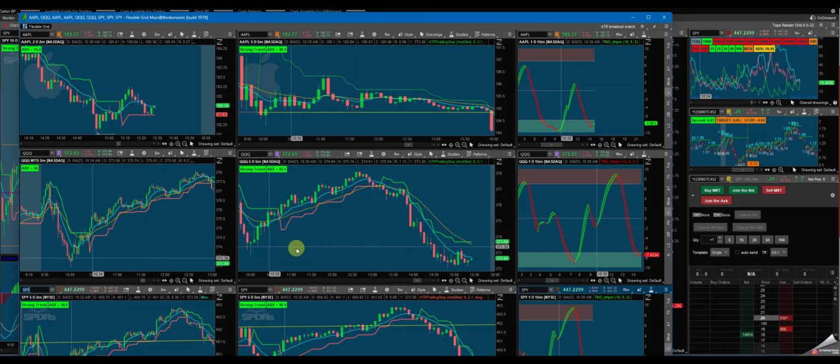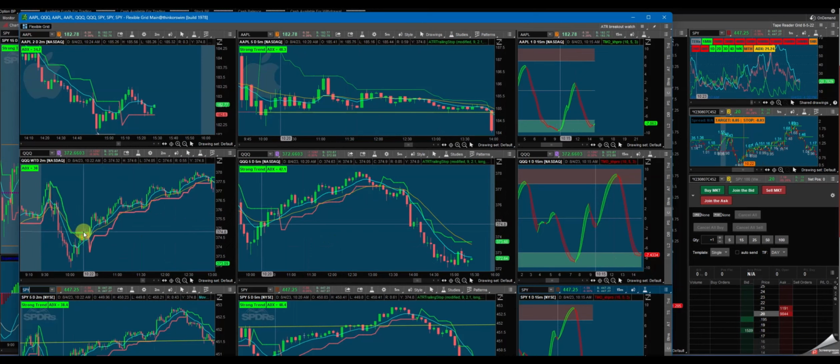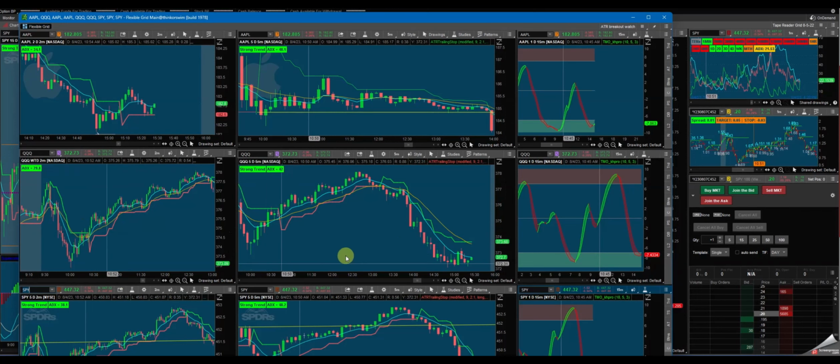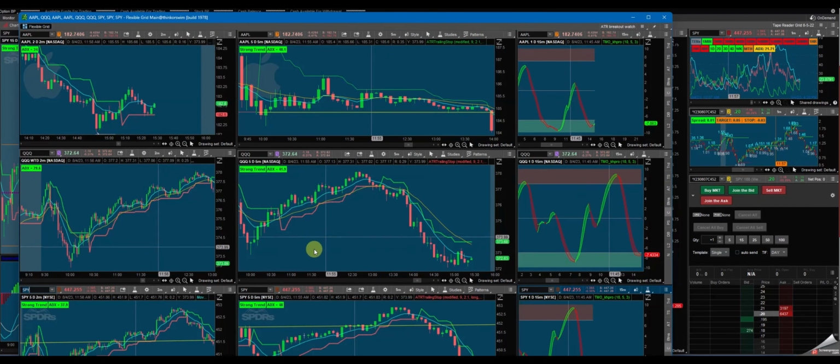This is outside the norm. This is atypical. So just one layer of ATR trailing stop is not sufficient; adding a couple more layers just stacks your deck that much more.